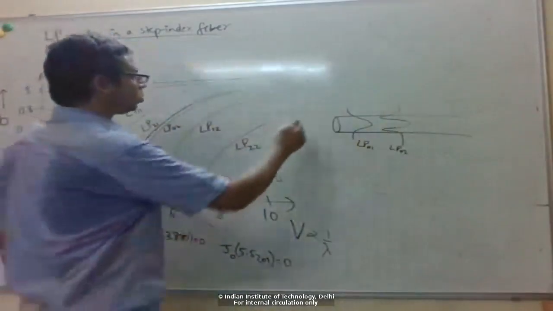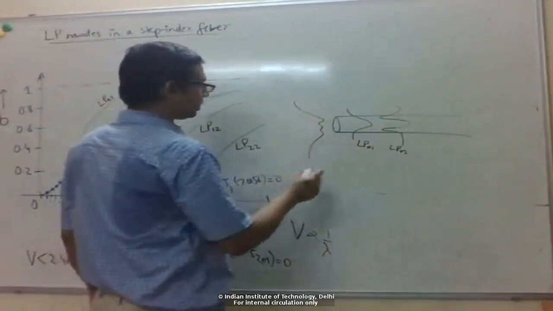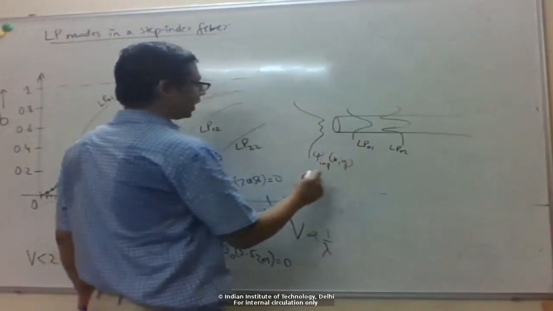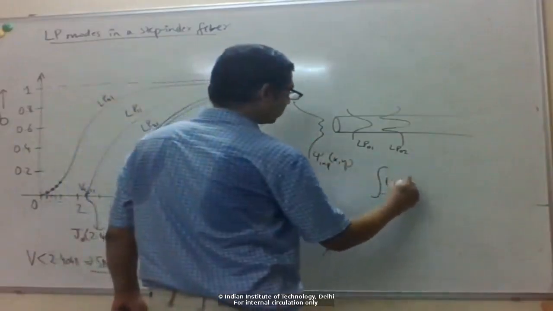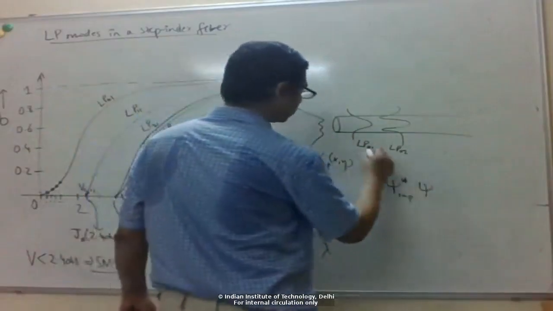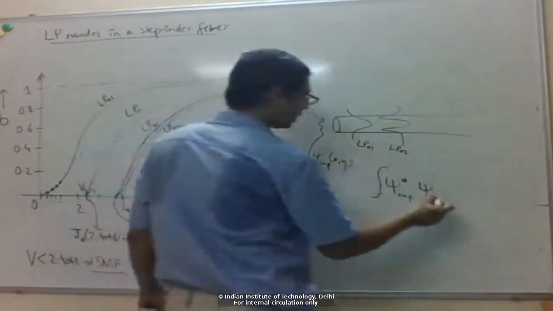Now whatever input profile I'm launching here, this is some input profile that I launch. You calculate the overlap integral of your input profile with the mode profile of the mode you're looking at.